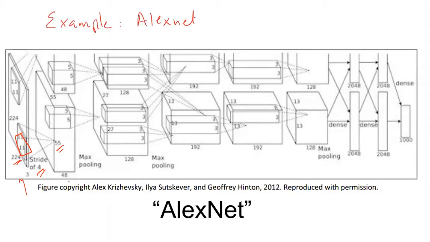And then what they do is they break it up into separate GPUs, because all of these were using GPUs that couldn't handle it, so you can't do this on a single GPU. So they separate it out, and they have 48 filters over here and 48 filters over here. So just to give you an idea of what AlexNet actually looked like.